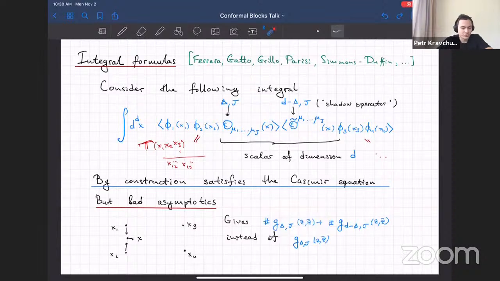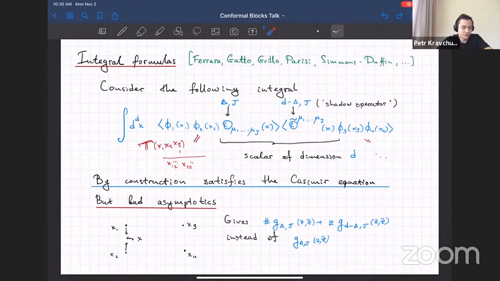And I just wanted to mention this kind of approach because it doesn't really give you a practical way of computing numbers, but it gives a simple expression for something which is close enough to a conformal block, and it allows you to study some formal properties of it. You can prove things about conformal blocks by studying this kind of expressions, because they're very simple.